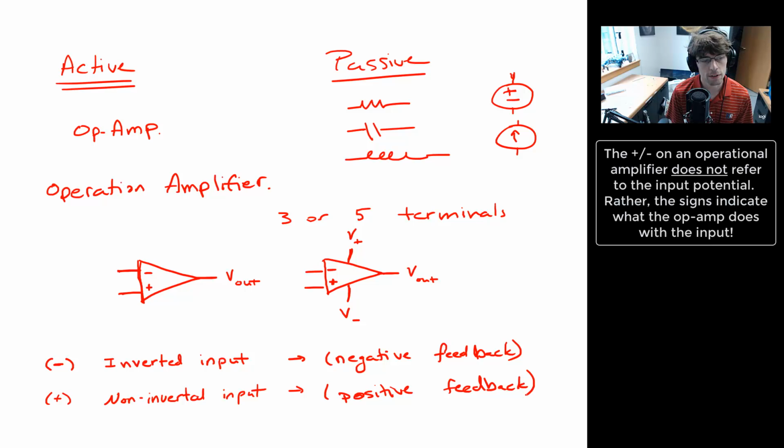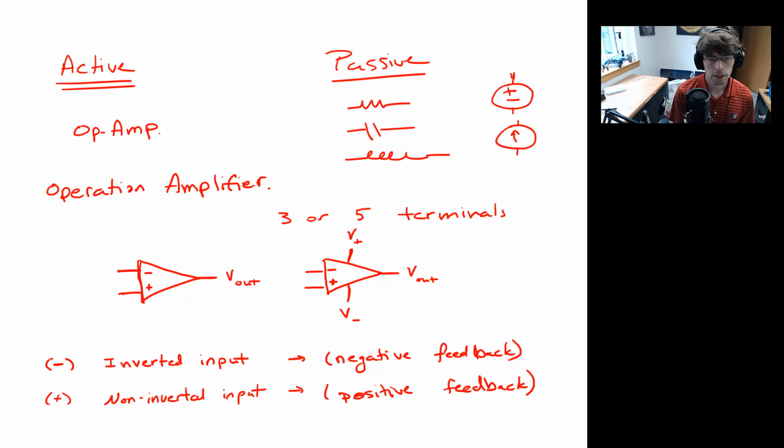So this has nothing to do with the type of input they can accept, but rather it deals with what it does with the input. So there's our V out, our output, and the two inputs. Let's think about just the 3-terminal one for the moment. We have the inverting, the non-inverting, and then we have V out.